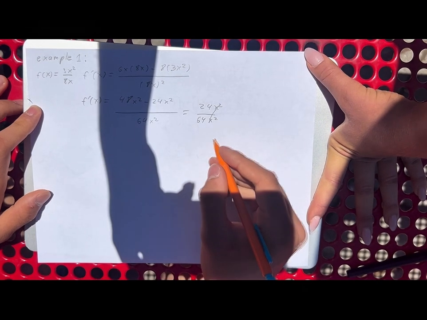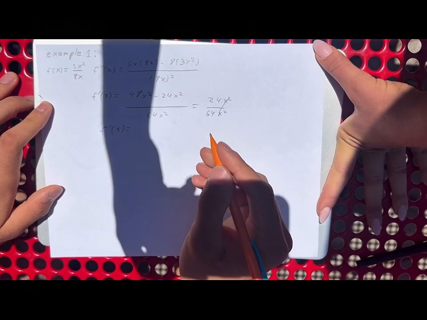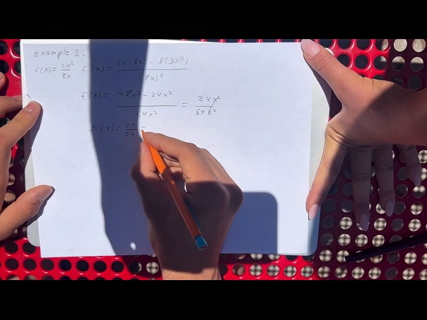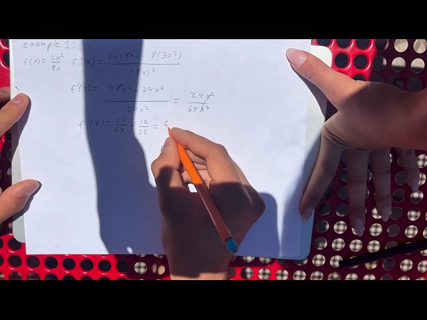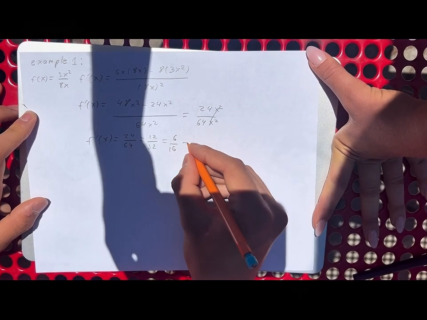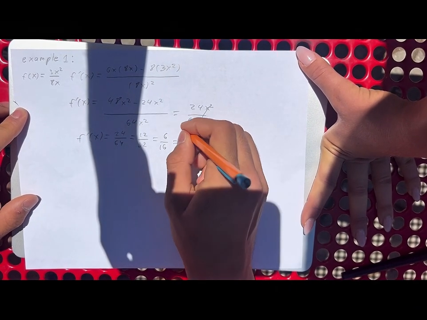Our x's cancel out here, and then we're just left with a constant as f'. All right, so our final answer is 3 over 8.